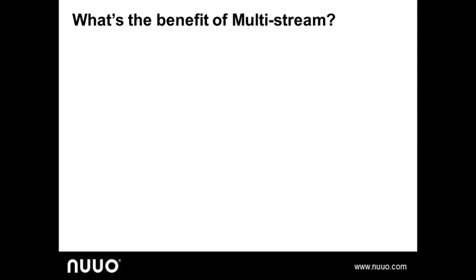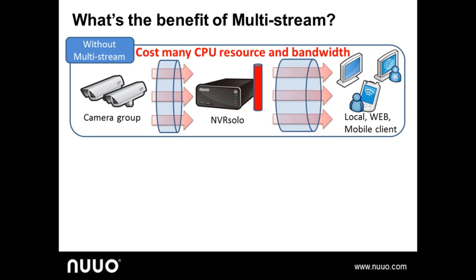But there is a problem. When the NVR streams out the image to this client software, the original stream will consume a lot of network bandwidth and CPU loading of the NVR. It will result in NVR overloading and laggy video, even an unstable system.